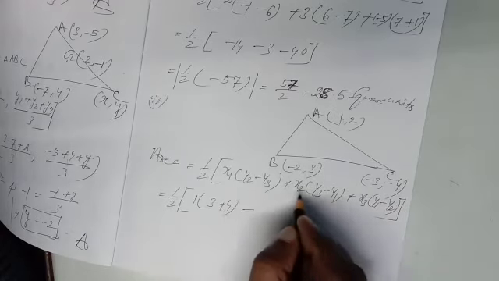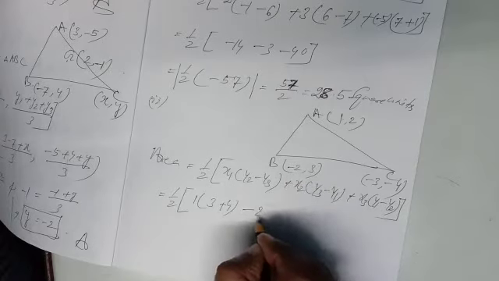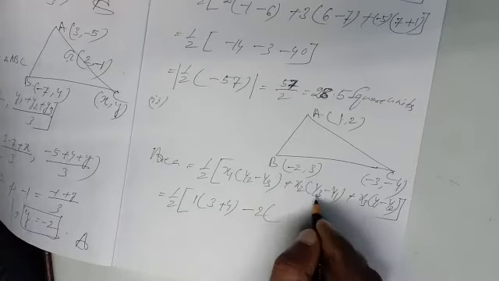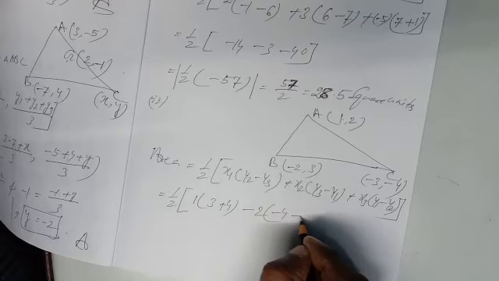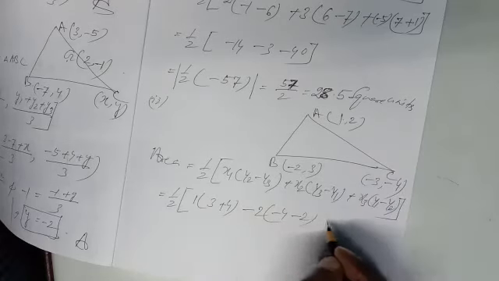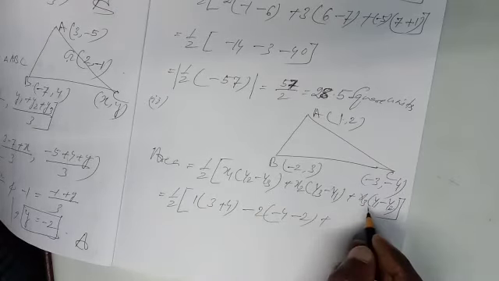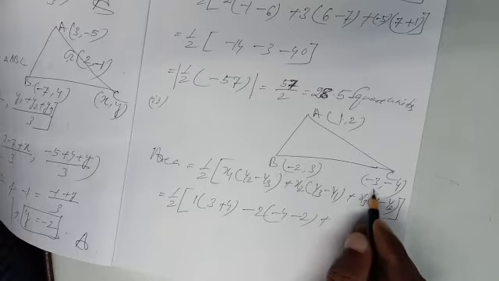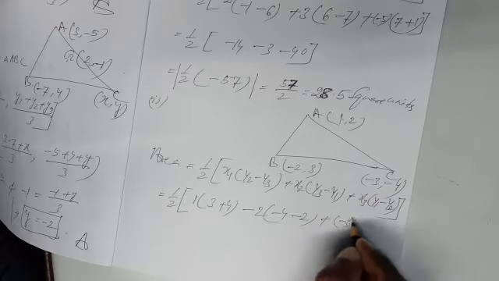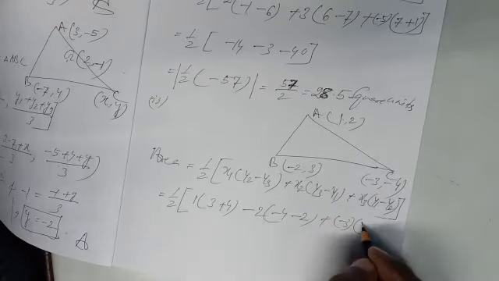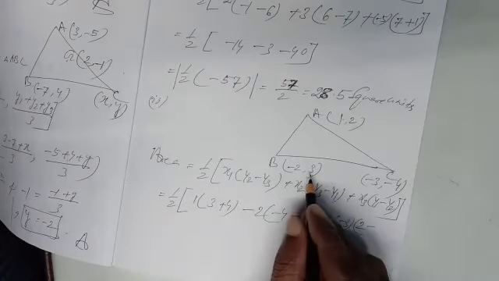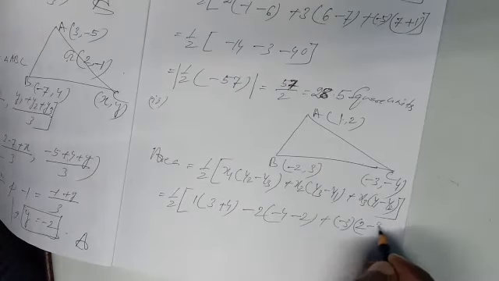Next is plus x2, x2 is here minus 2, times y3 minus 4 minus y1, that is 2. Plus x3, the value of x3 here is minus 3, then y1, that is 2, minus y2, 3.